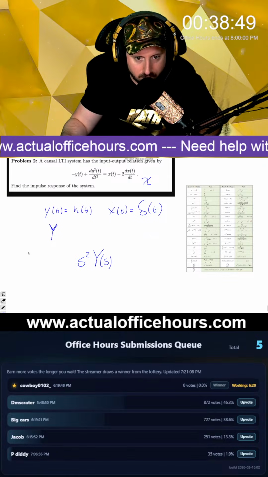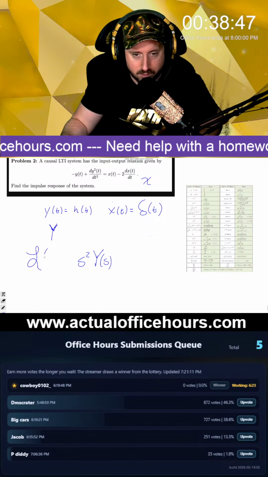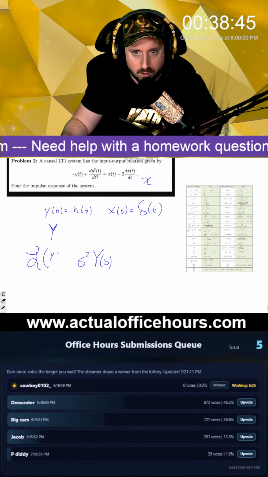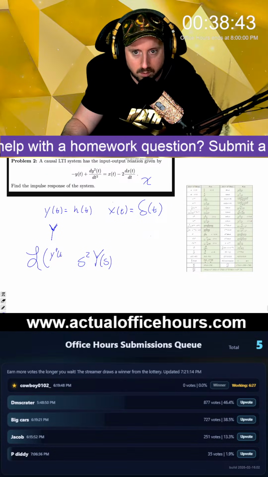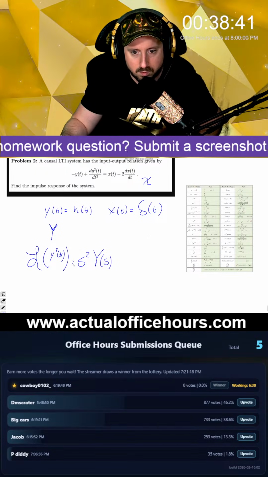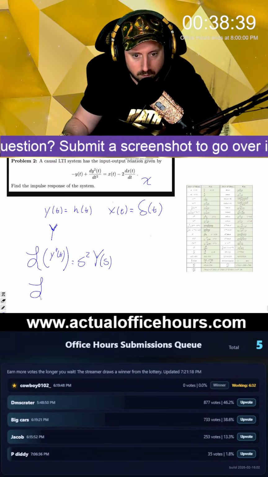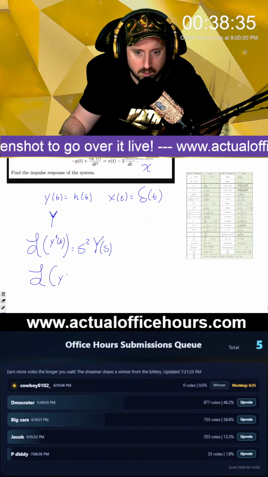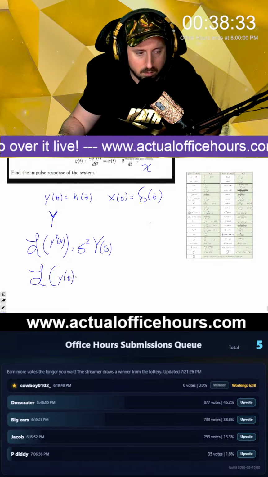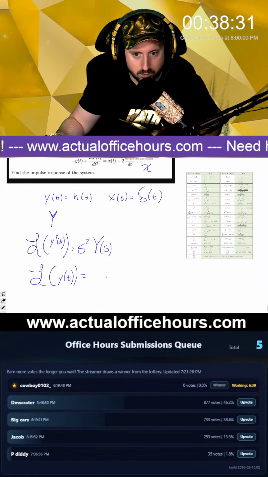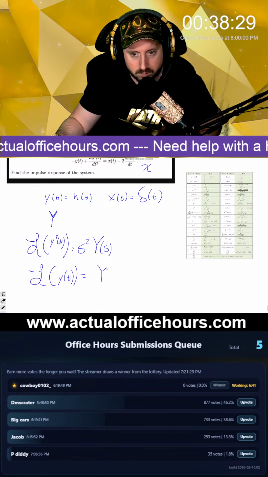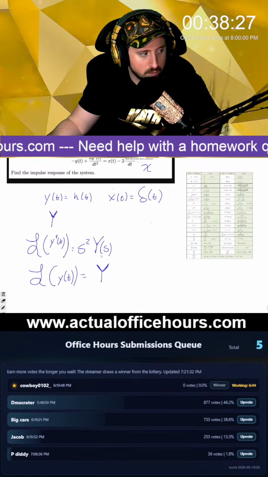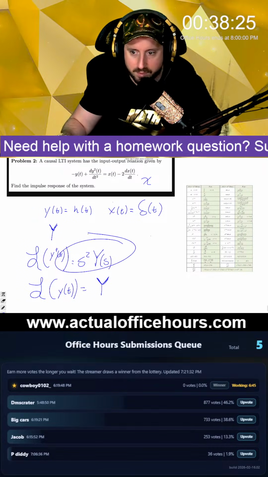So here, let's write this out formally. Laplace of y double prime of t is equal to this. The Laplace of y of t is just equal to big capital Y. That's wrong? This one isn't right? I think it is.